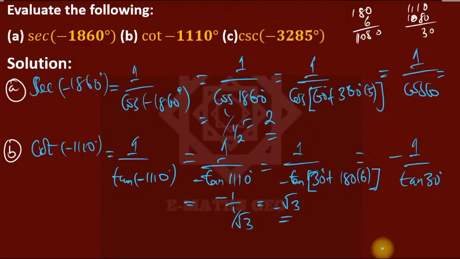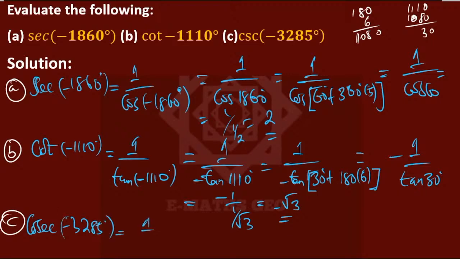So the last one, we have cosec of minus 3285.